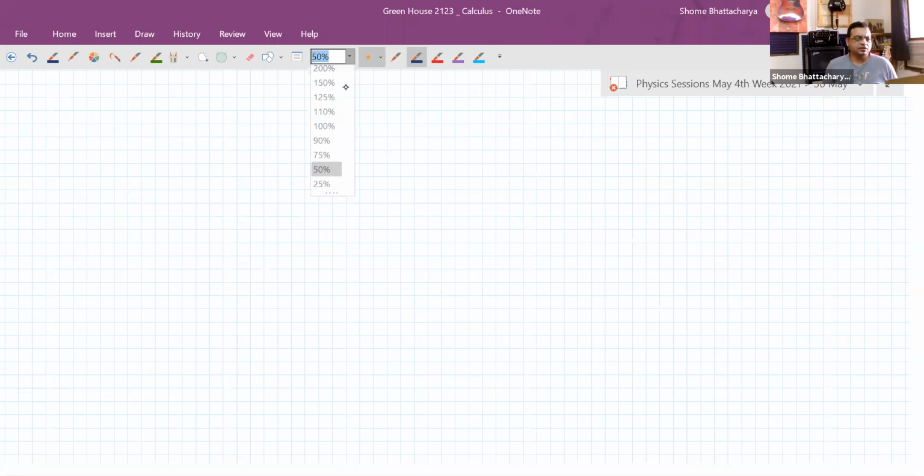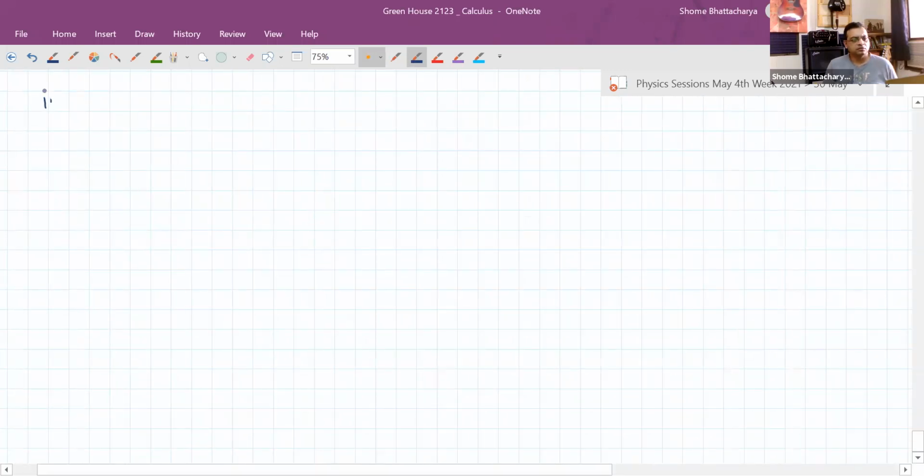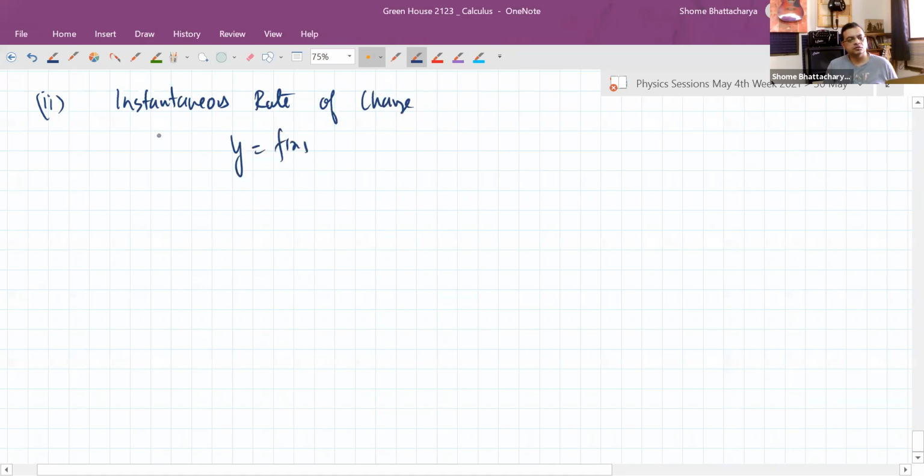Now on the other hand, the interpretation of instantaneous rate of change becomes more interesting. So for a function y is equal to f(x), instantaneous rate of change is defined as the limit delta x tending to 0 of delta y by delta x.